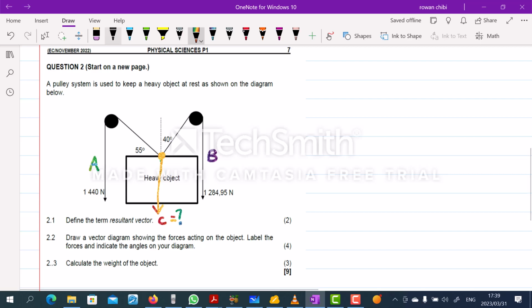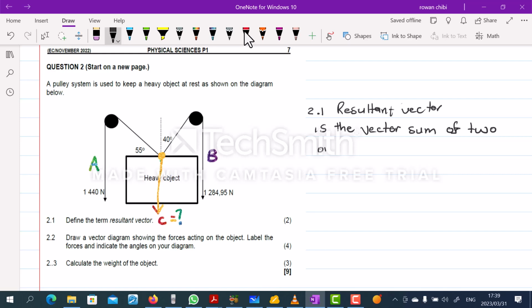If you look at your notes, I did tell you last time that the resultant vector is the sum, or in fact they said is the vector sum, of 2 or more vectors added together.